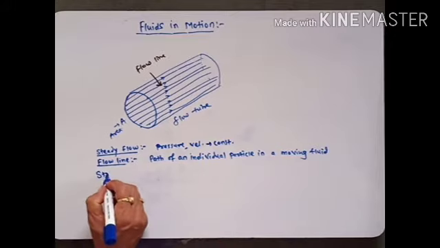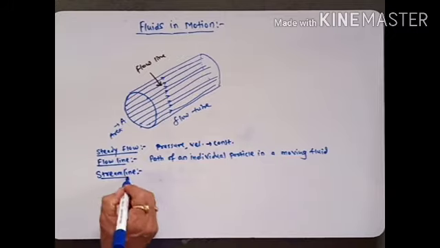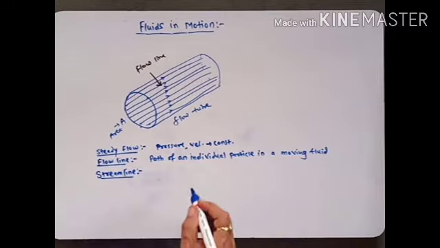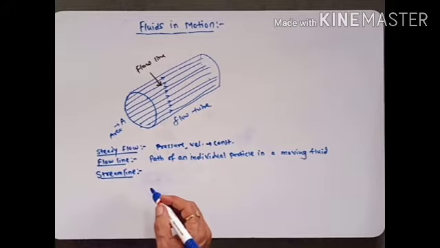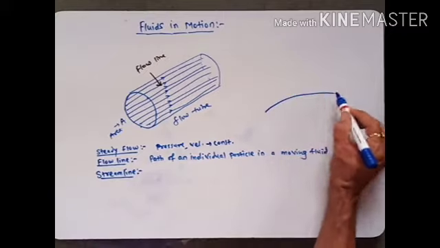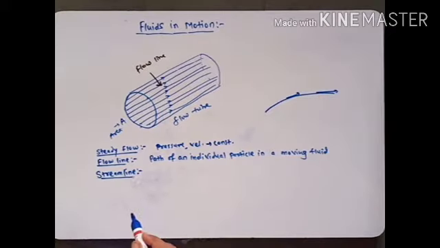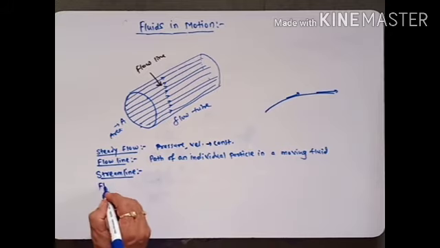Next one we consider streamline. It is a curve whose tangent at any point in the fluid is in the direction of velocity. Suppose we draw a tangent here. It gives the direction of velocity. This is the streamline.